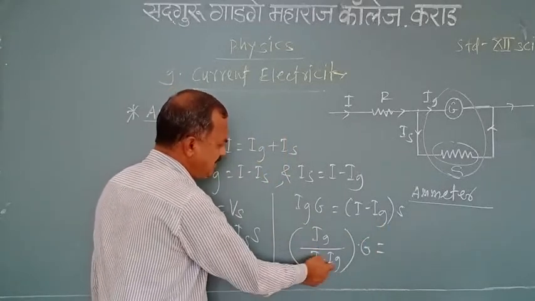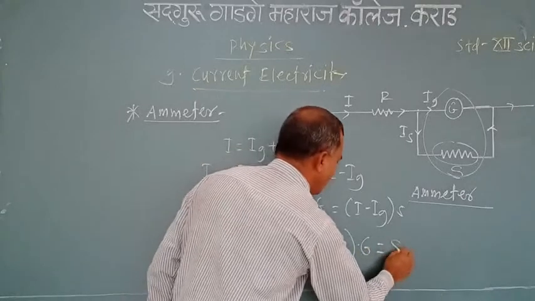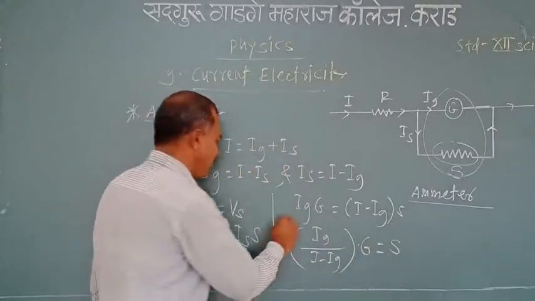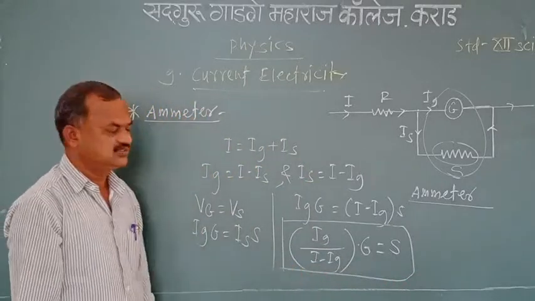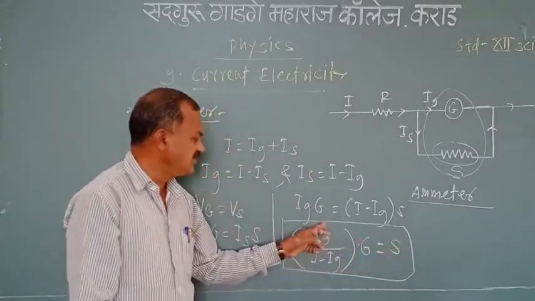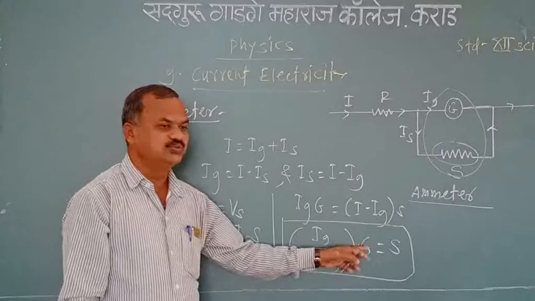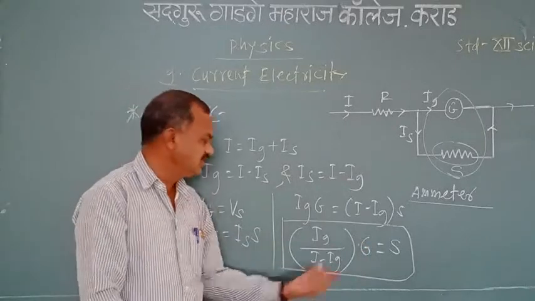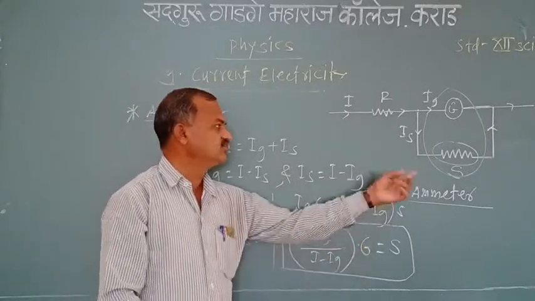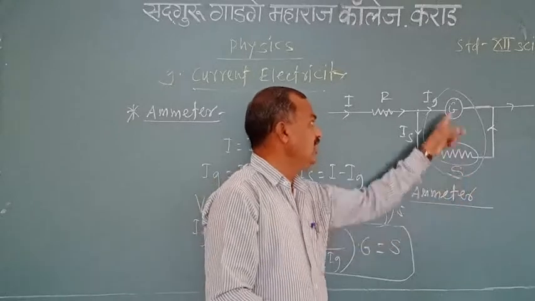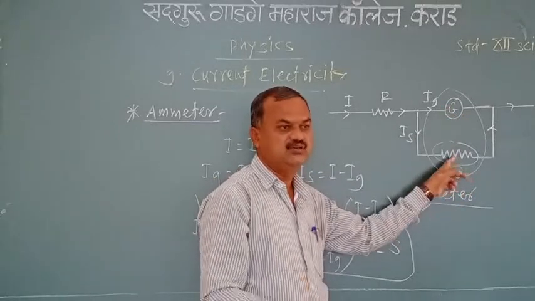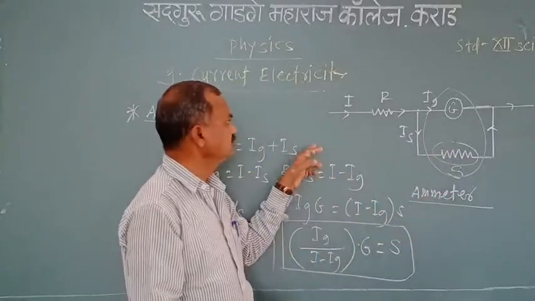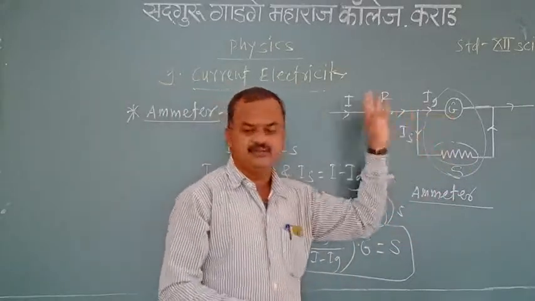Ig divided by I minus Ig into G equal to S. This is the formula for determination of the value of shunt resistance. S is equal to Ig divided by I minus Ig into G. This amount of shunt is to be connected across G in parallel with G in order to convert MCG into an ammeter.